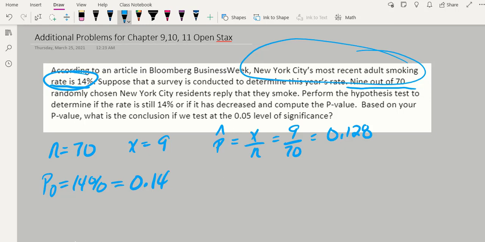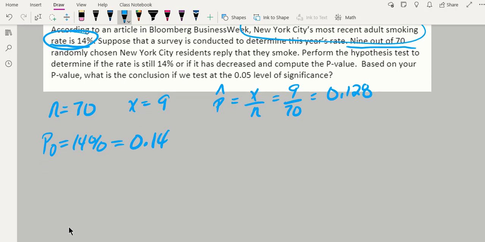Now, our next step is to figure out our null and our alternate hypothesis. If I go back and read through it, it says perform a hypothesis test to determine if the rate is still, and remember, the keyword is still, 14%, or if it has decreased. If it is still, that's our null hypothesis, meaning our proportion is still 0.14.